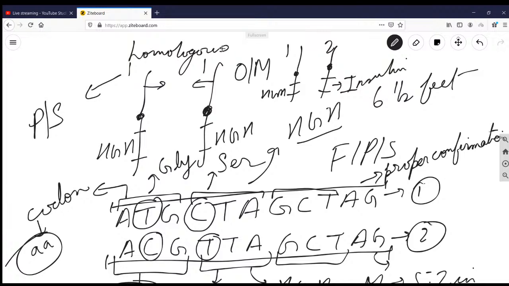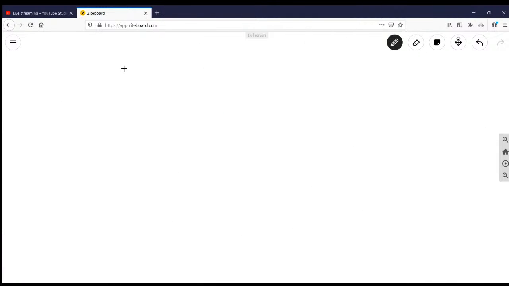That is known as the locus. The plural of that is loci. Means if you are talking about a submetacentric chromosome, let's suppose this is how we draw a chromosome.